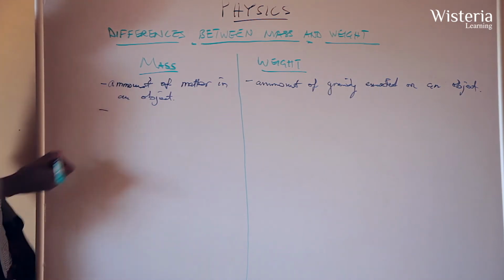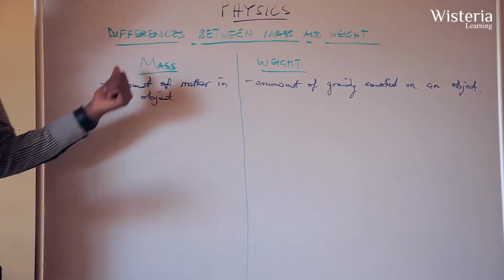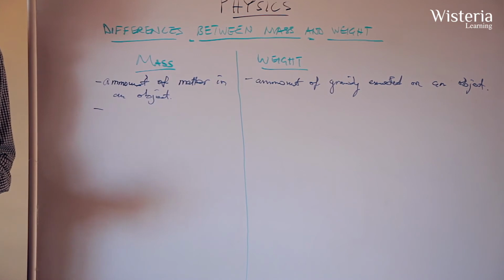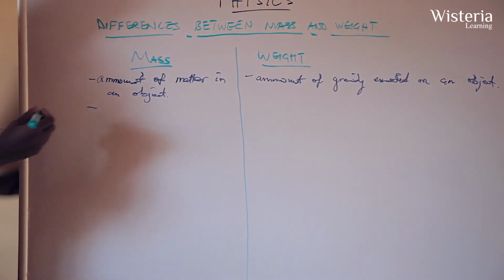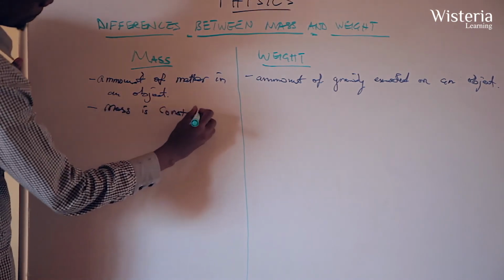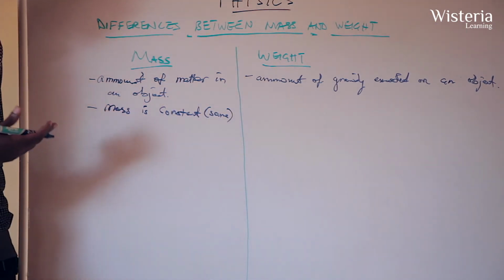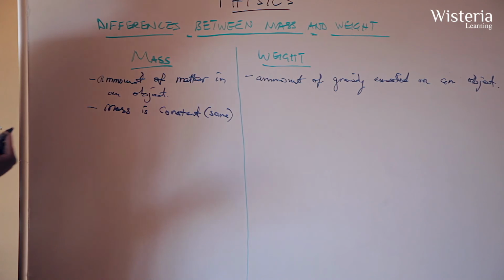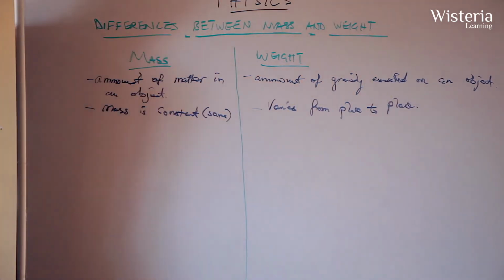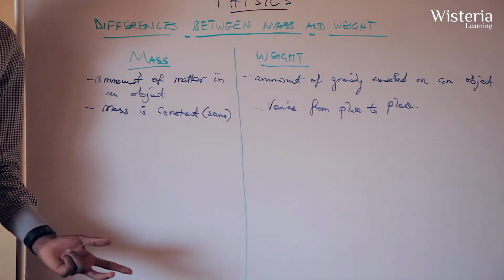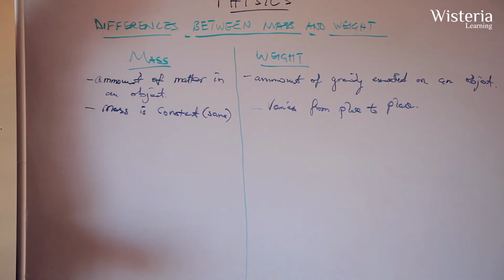The second point is that mass is constant, it does not change from place to place. So here the mass remains the same from place to place. But for weight, it varies from place to place because different places have different amounts of gravity acting on them.